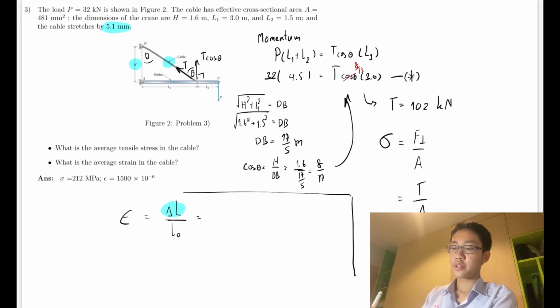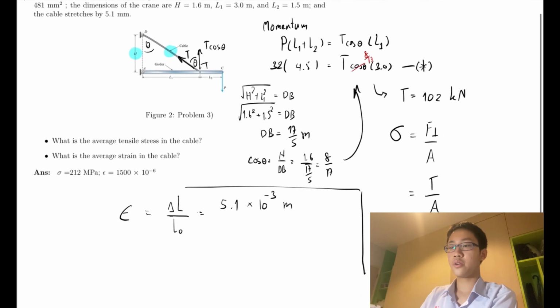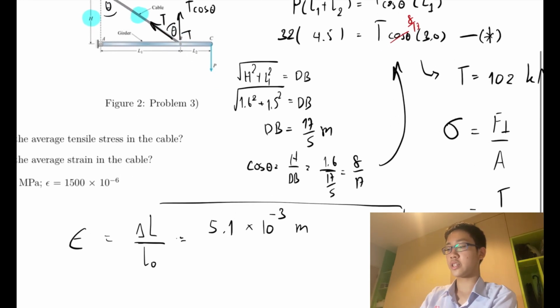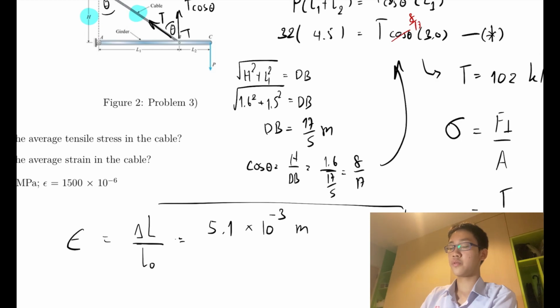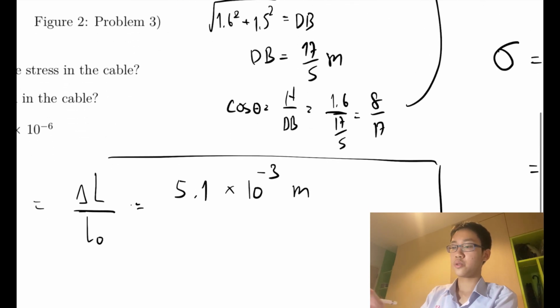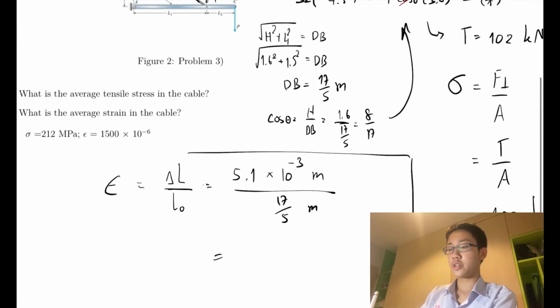So we can substitute this as 5.1 times 10 to the power minus 3 meters, and L0, the initial length of the cable, which we have already calculated, is 17/5 meters. So we substitute it into this equation.